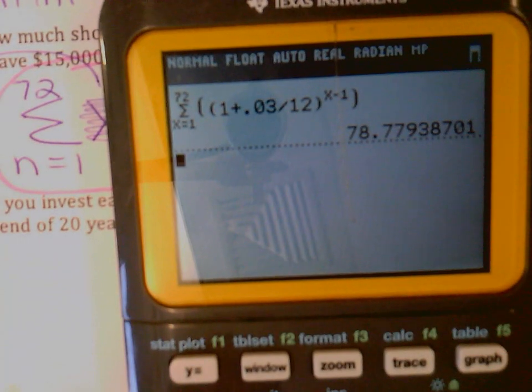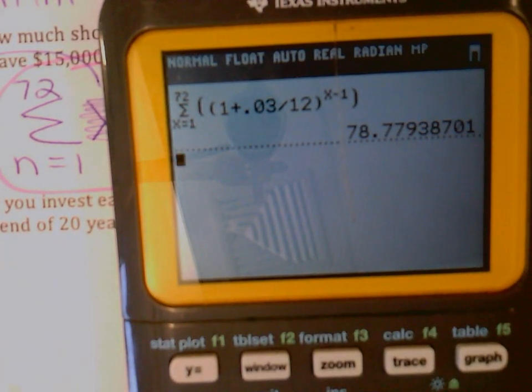So really what I have is X times 78.779 equals 15,000. How would you solve for X? Take 15,000 and divide by that 78.779. And it will tell you what your monthly investment would have to be.